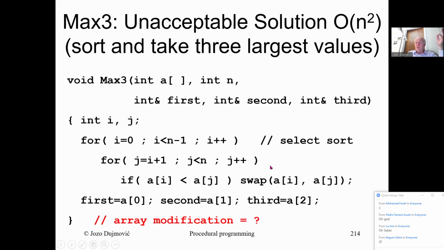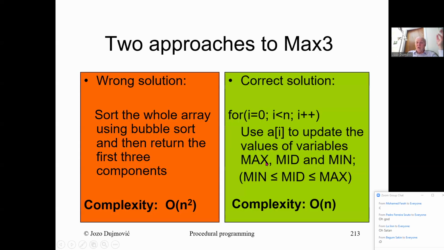The correct way of doing that should be this one here. So the wrong solution is sort the whole array with quadratic sort and give 3 first components. The correct way is go only once through that array and update 3 variables, max, mid, and min.